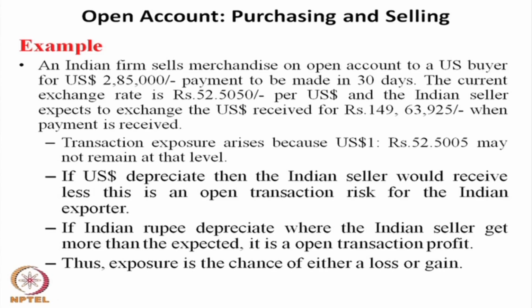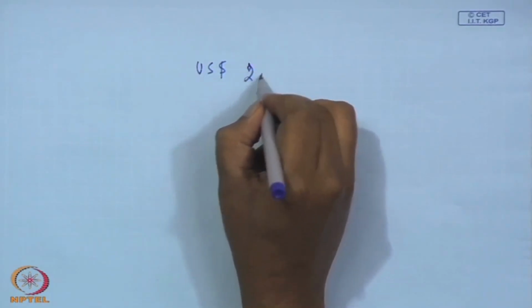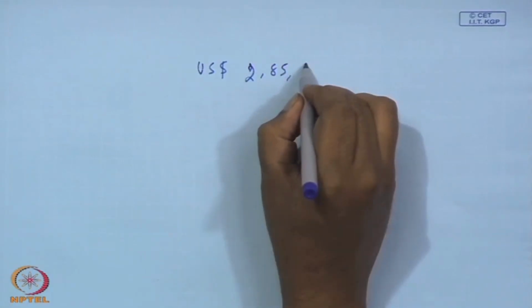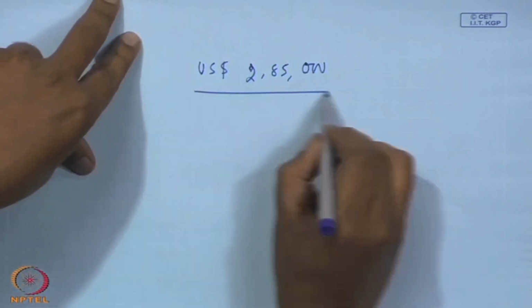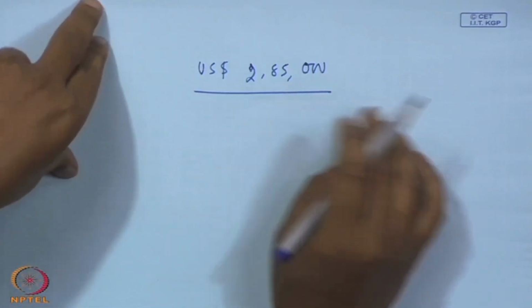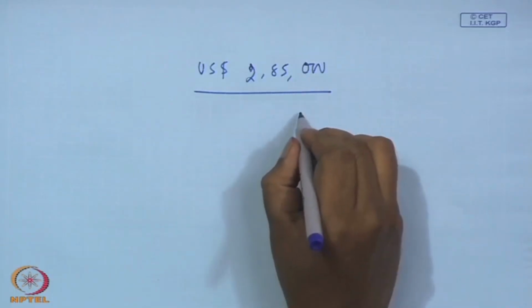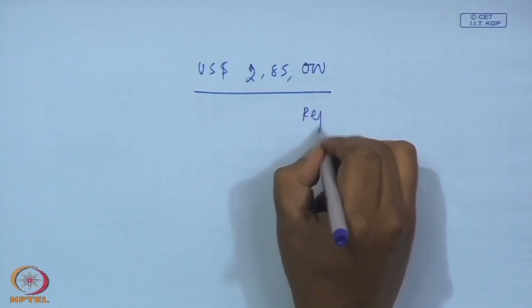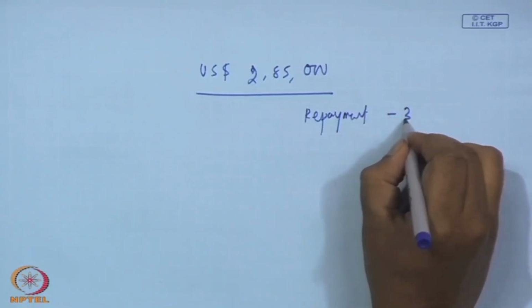So, when the merchandise, the Indian firm exports US dollar amounting to 2,85,000, and this export payment comes to the Indian firm after 30 days. Repayment would be after 30 days.